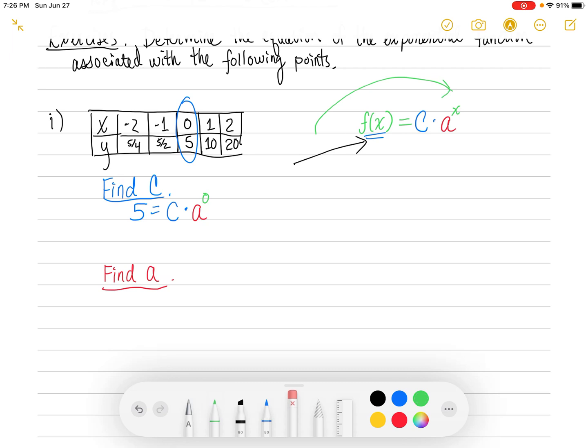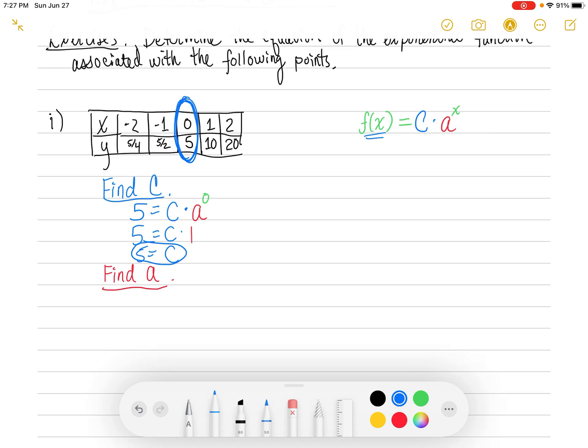So our y value is 5, that's what I'm plugging in for f of x, and our x value is 0. That gives us 5 equals c times, well, what's a to the 0 power? Anything to the 0 power is 1, so we get c times 1. In other words, c equals 5.